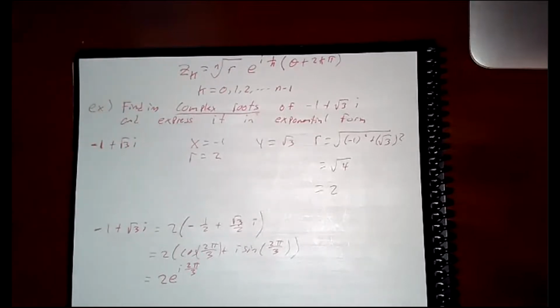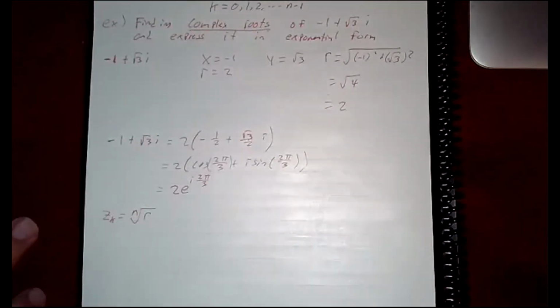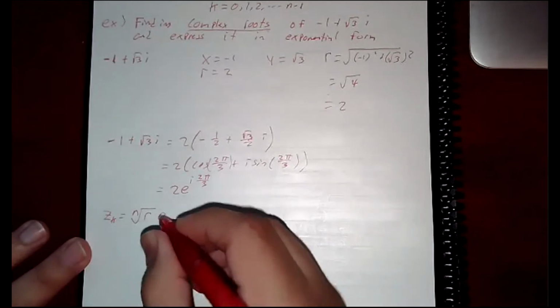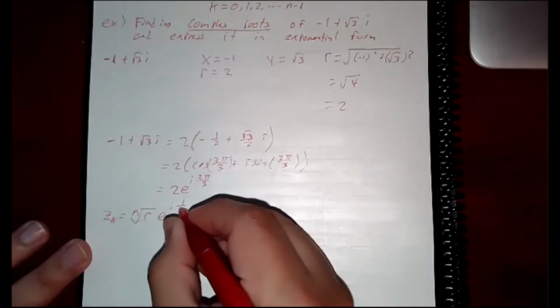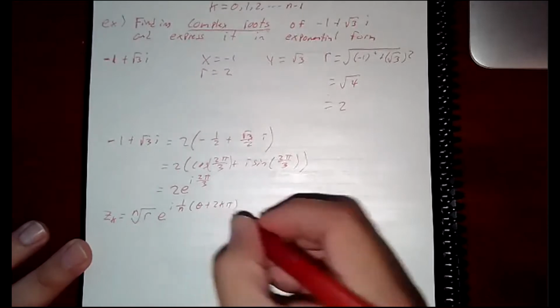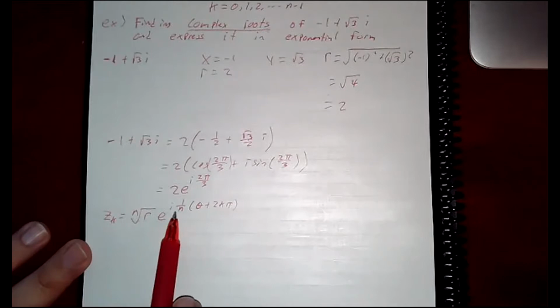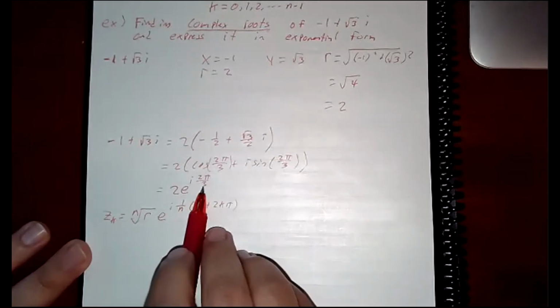We need to decide what is our n. So z sub k equals the nth root of r, e to the i 1 over n, times theta plus 2k pi. So the n, I'm going to try to rewrite this as a third at the bottom.